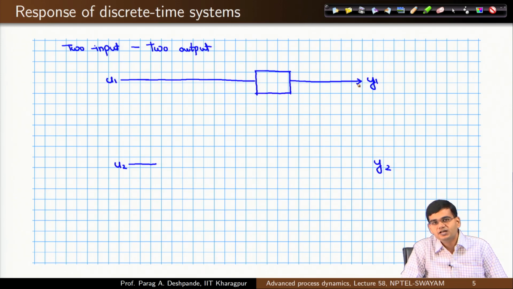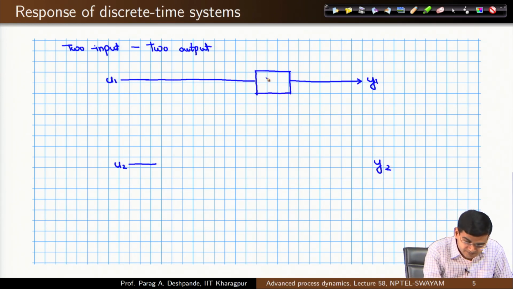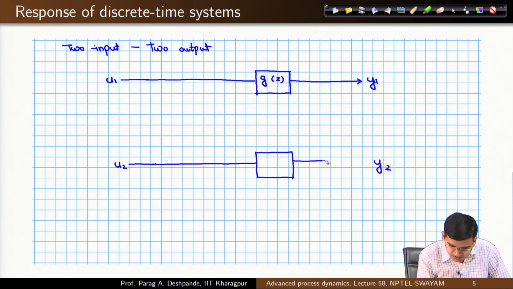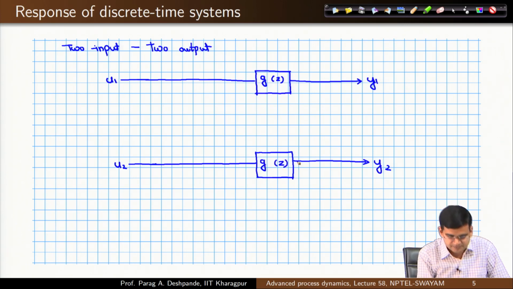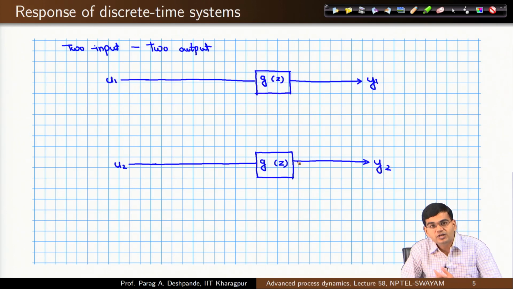The effect of input u 1 on the output y 1. How would you do that? It would be via a transfer function G of z, right. Similarly, u 2 would act on a transfer function to give you an output y 2, G of z. But now, u 1 may affect y 2 as well.